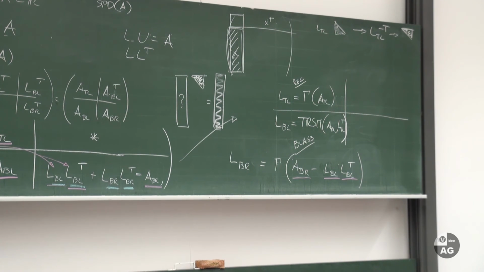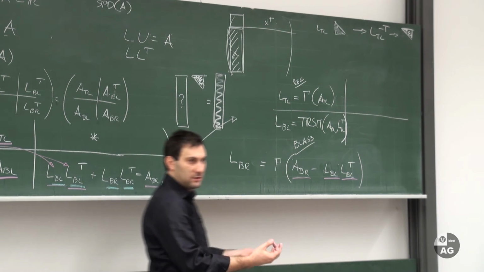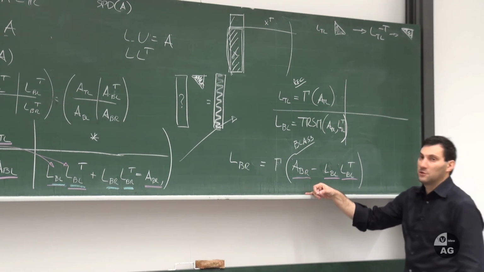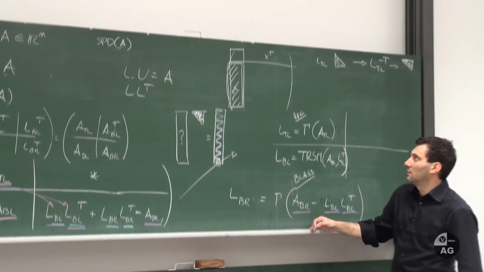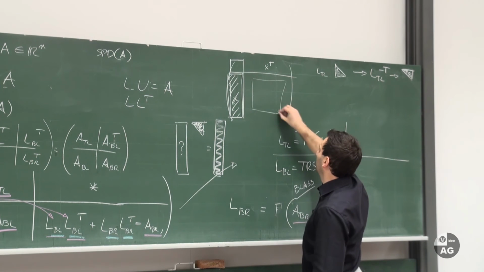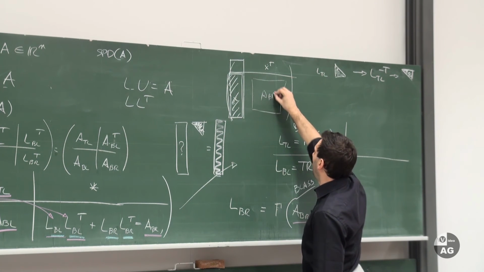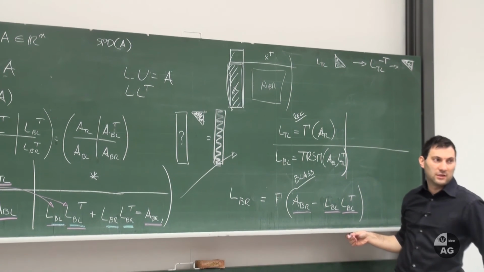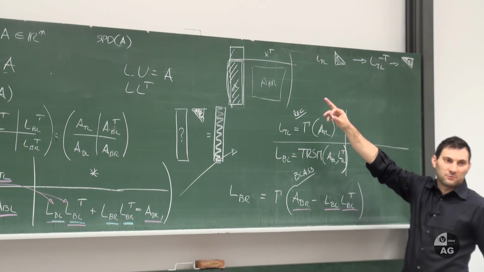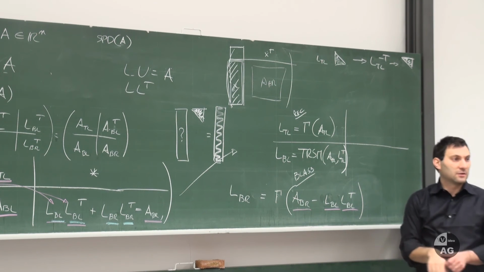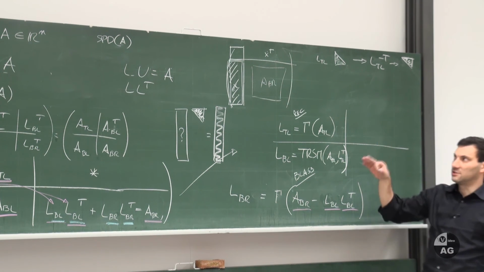Let's look at the shape of these things. A bottom right is which part of the matrix? This big guy here. Is it square? Yes, because A top left was a square, so A bottom right is automatically square. Is it symmetric? Yes, because it's along the diagonal.